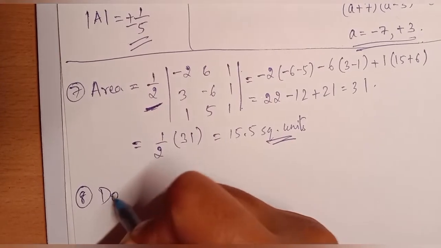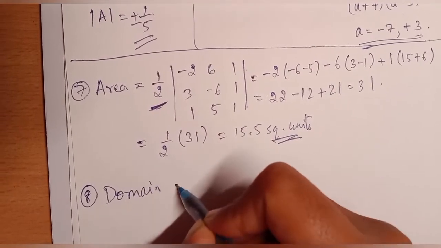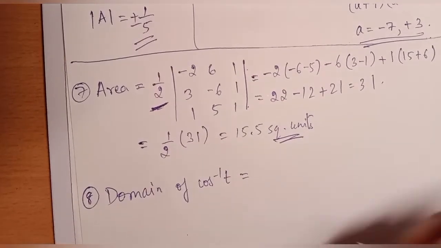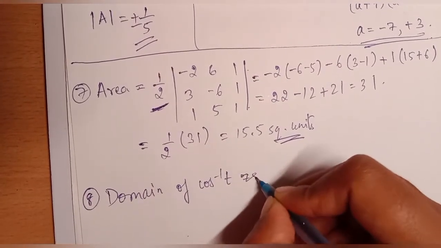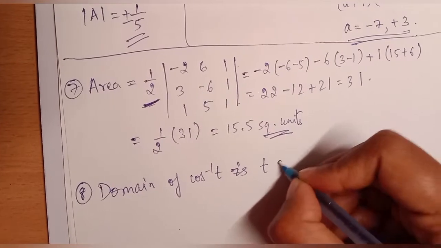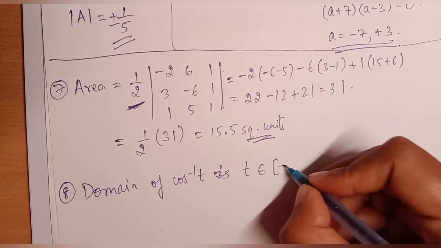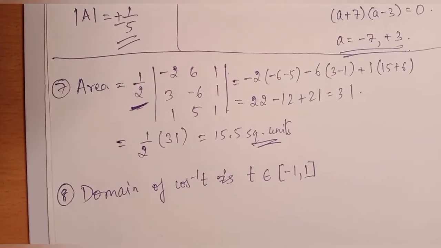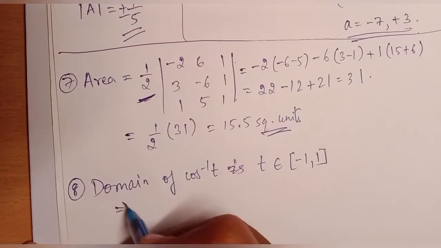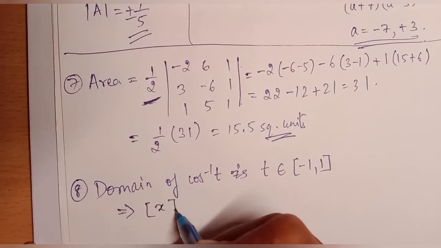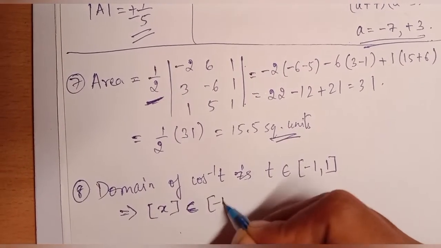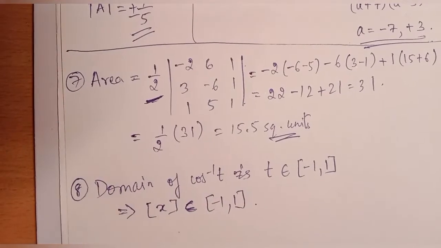We know that the domain of cos inverse t, any variable t, is t belongs from minus 1 to 1, closed bracket minus 1 to 1. That implies GIF of x belongs to minus 1 to 1, right?